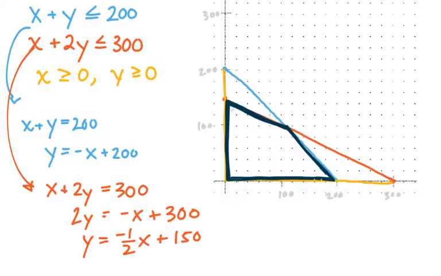So what we find is that all of my overlapped regions together create this quadrilateral shape. So this represents my optimum area.